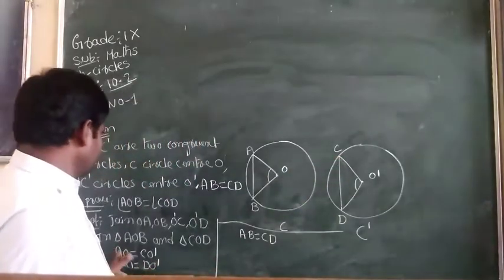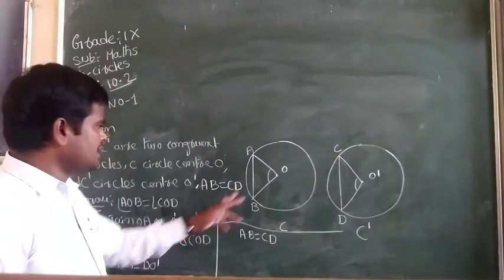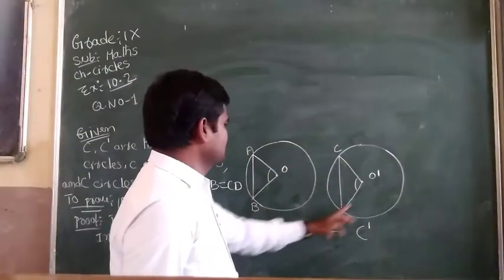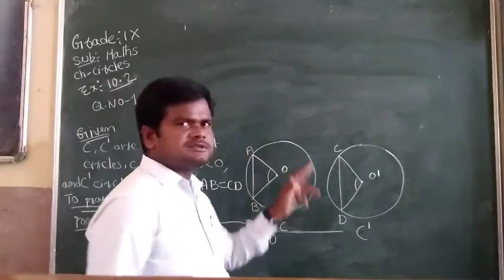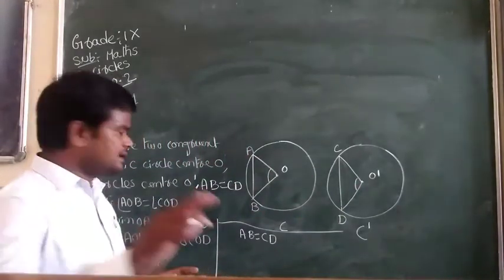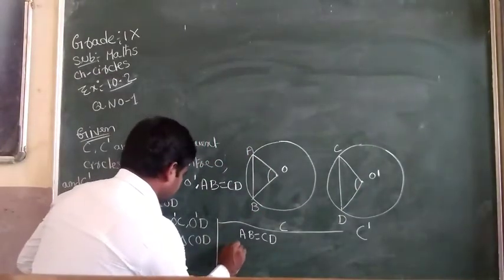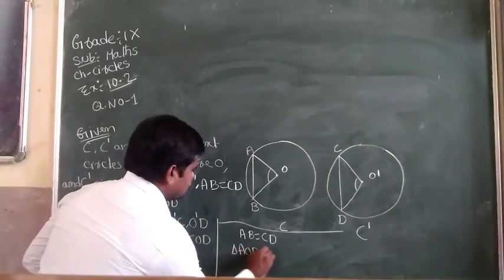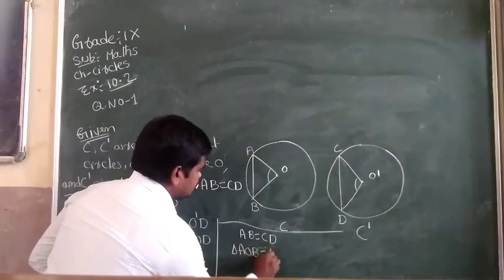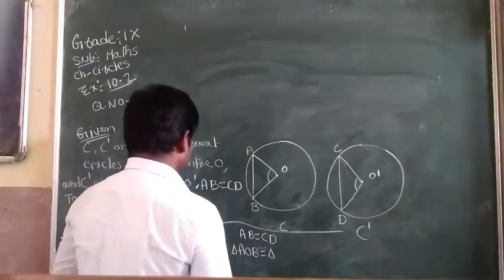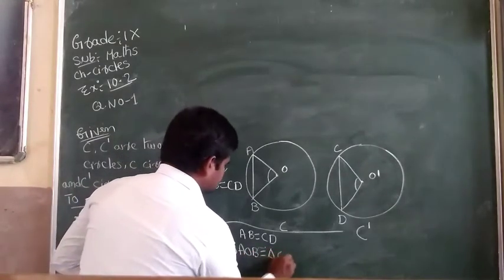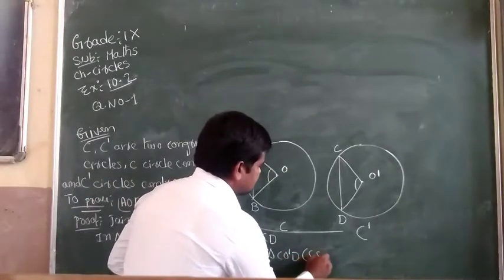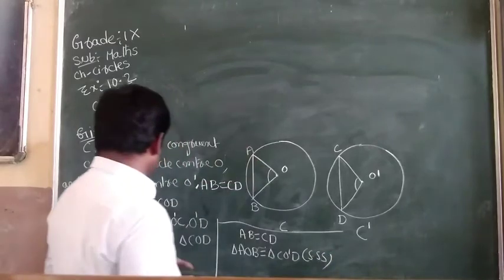So AO equal to CO dash, OB equal to O dash D, AB equal to CD. Side criteria. So triangle AOB is congruent to triangle CO dash D by the side criteria.